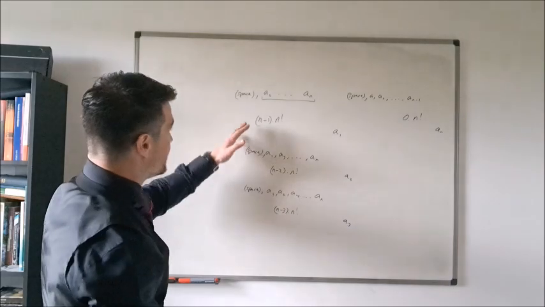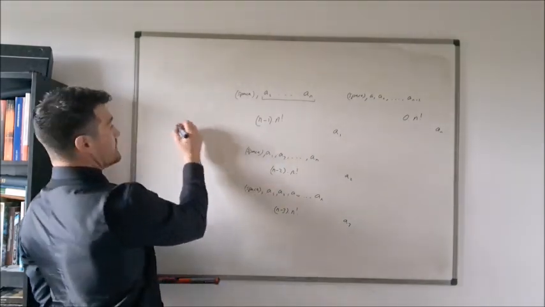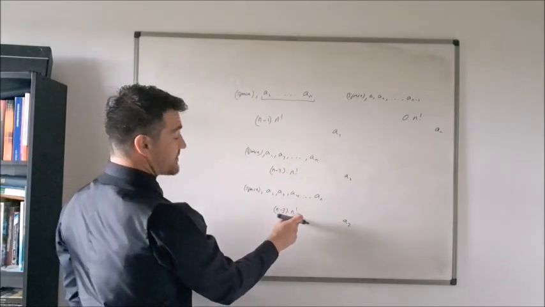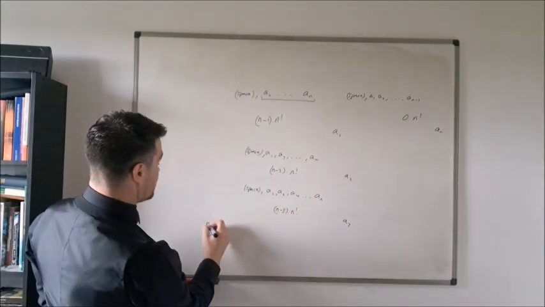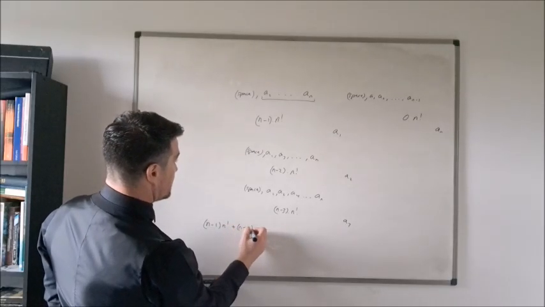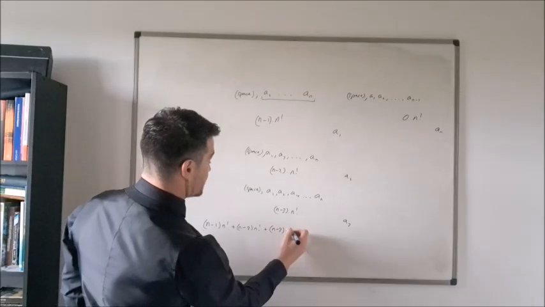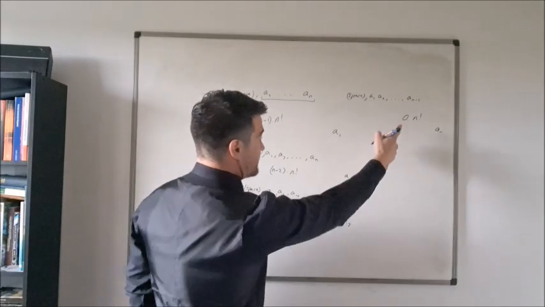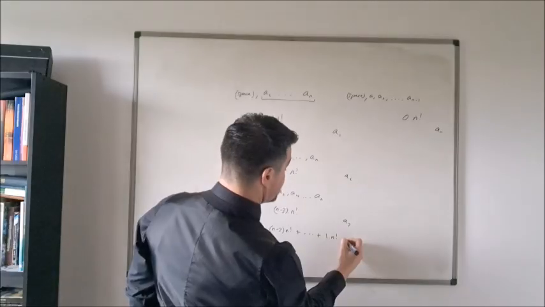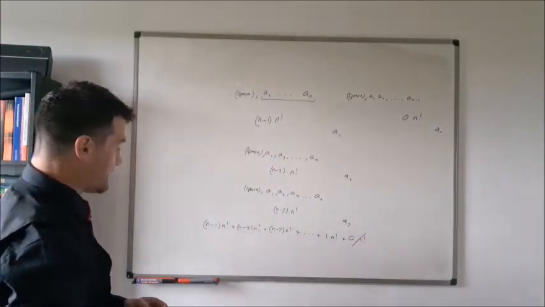So what we see here then is that I've got the sum n-1 times n factorial plus n-2 times n factorial plus n-3 times n factorial. Let me write it out here. And then eventually I'm going to get down to 1 times n factorial, but then the plus 0 times n factorial. Well, that doesn't really contribute anything.